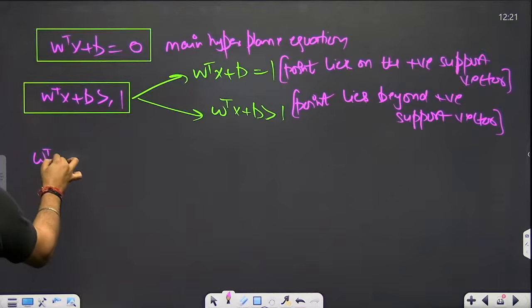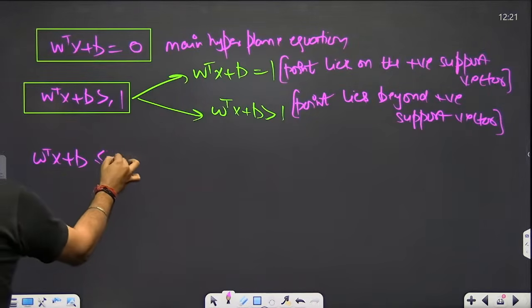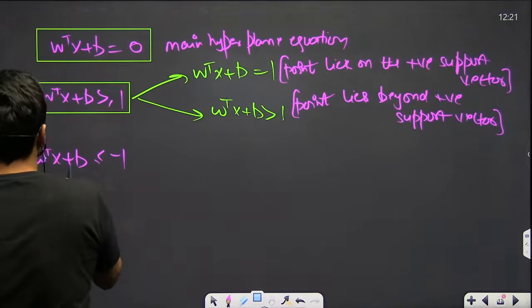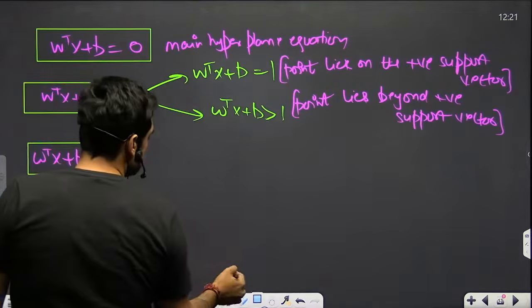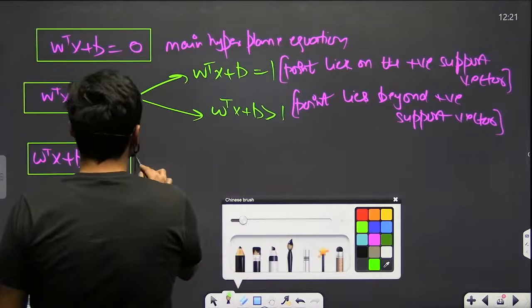Now weight transpose into x plus b less than or equal to minus 1. Again, I have two conclusions to make.